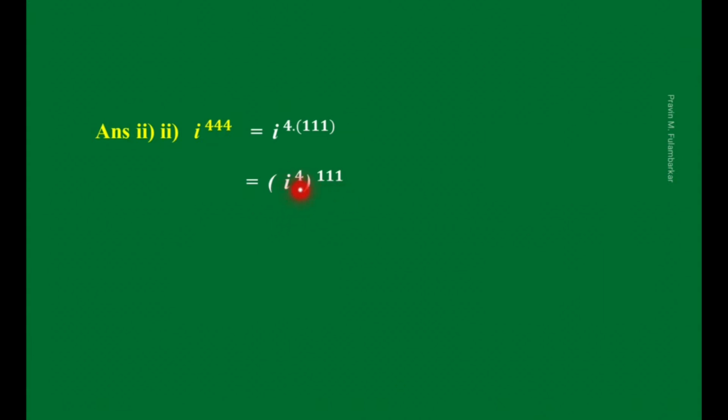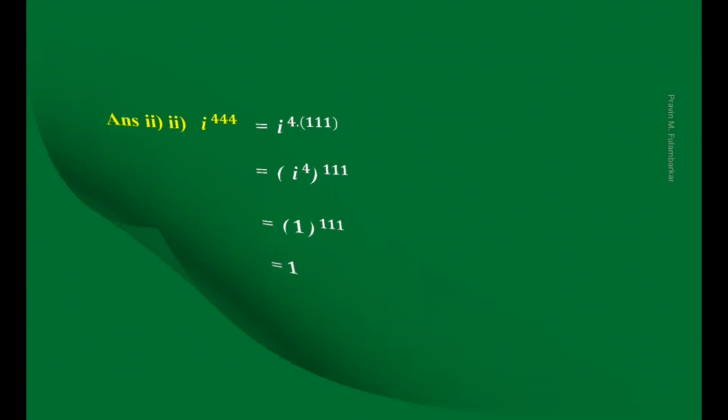So we write i raised to the power 4 as 1 raised to the power 111. From this we get value 1, because any power of 1 is 1. So i raised to the power 444 equals 1.